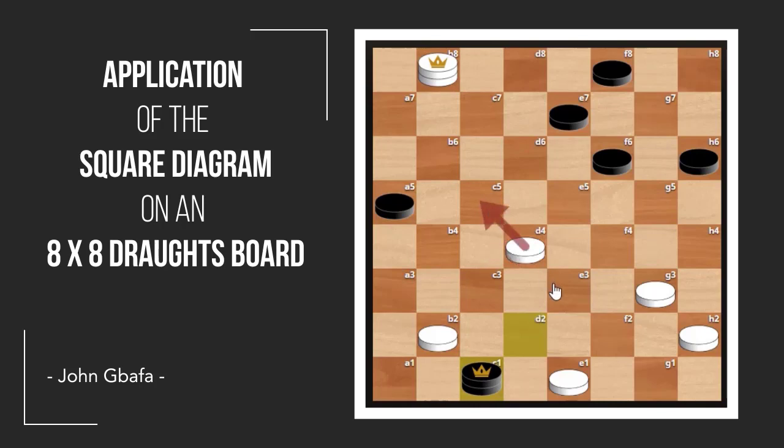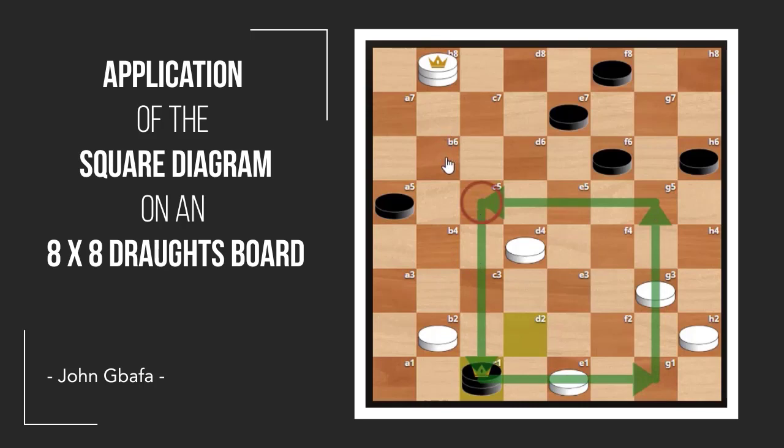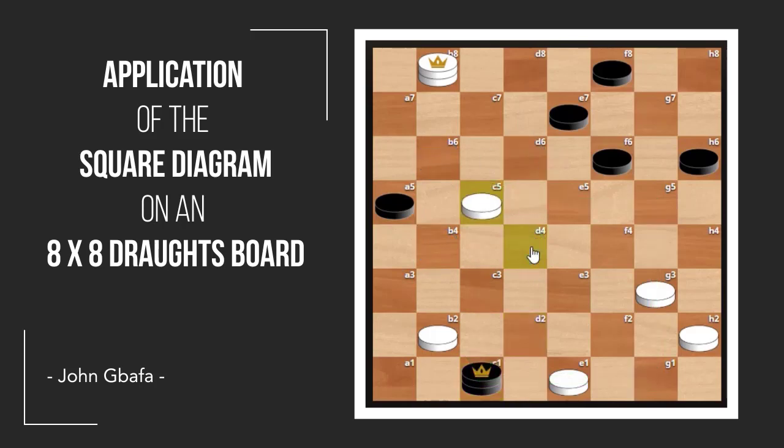Now, if you draw the square diagram from the position, we see that the vertex at C5 here is surrounded by B6, D6, D4, B4. And then if we move to C5, we have control over the 4 key squares here. So we move to C5. He has to take with the king, and then we also take to H6, and I won the game.